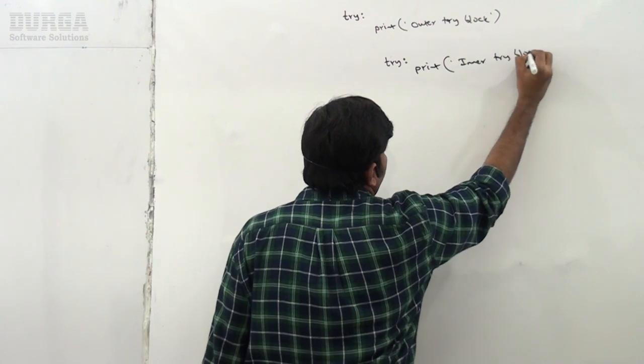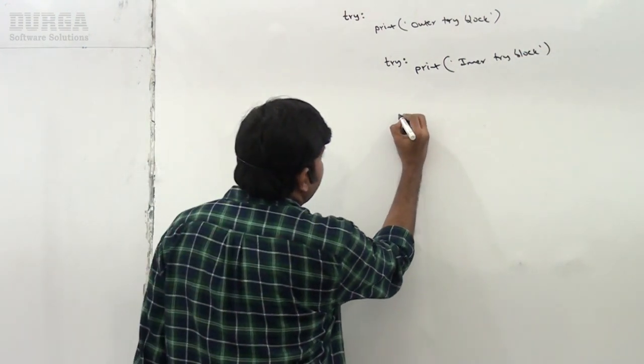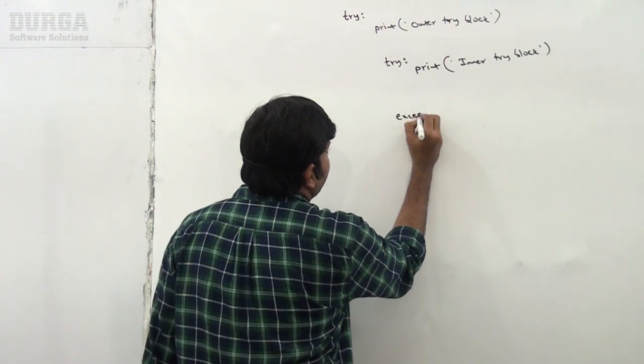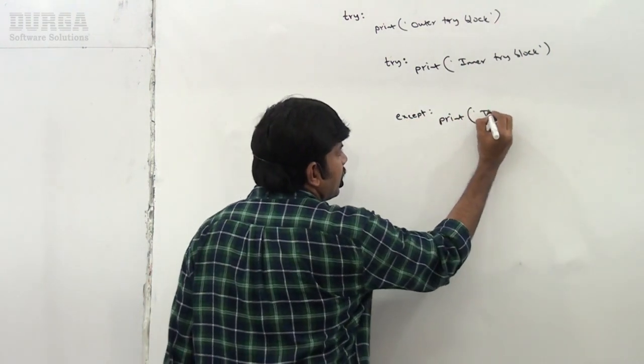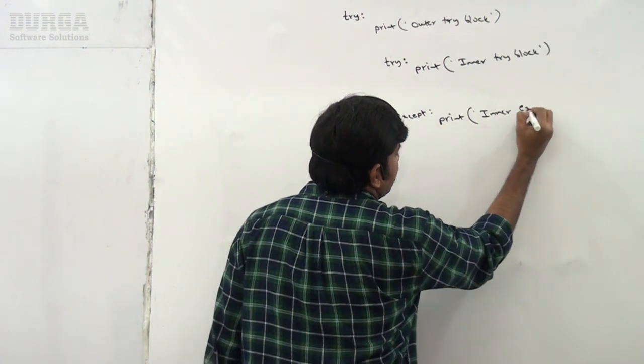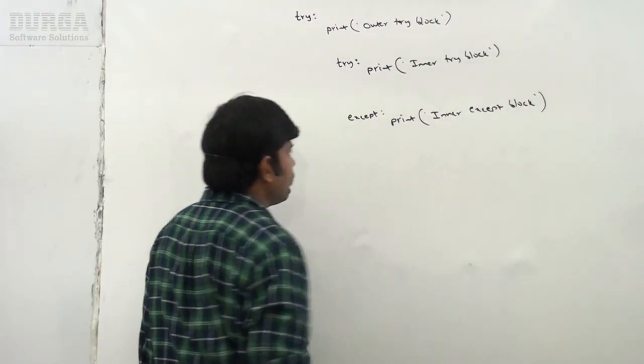Inner try block I am taking. Next except, here except I am taking, print inner except block.